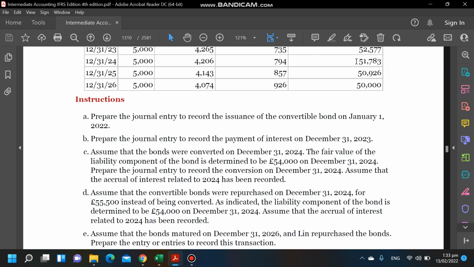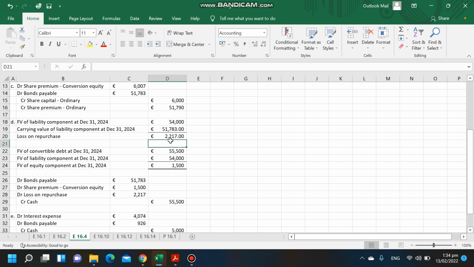Because the carrying amount is less than the fair value, it is a loss on repurchase of 2,217. And then we need to recalculate the equity component at the date of repurchase. So the fair value of the bonds altogether at that date is 55,500, minus the liability component at that date, 54,000. So the equity component is 1,500.